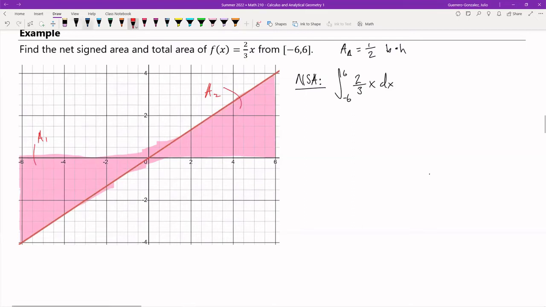So the area of each one of these, let me go ahead and calculate them over here. The area for this bit, right, is the 1/2 times the base. So it's going to be 6 times the height, which is going to be 4.